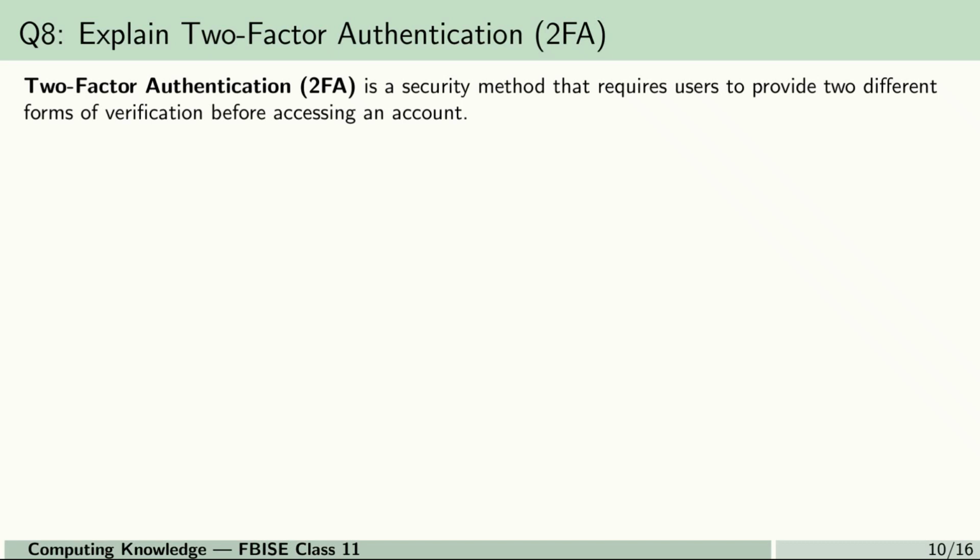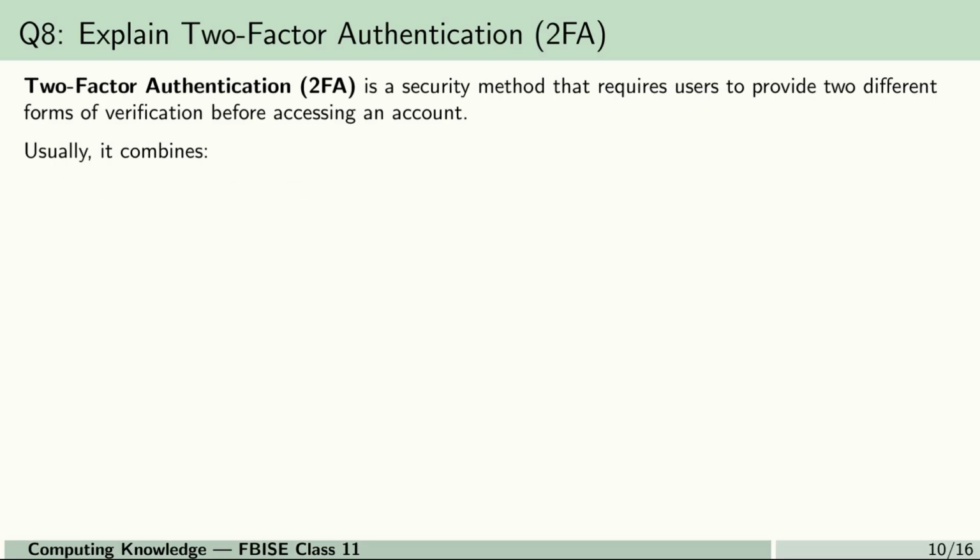Explain two-factor authentication, that is 2FA. Two-factor authentication, 2FA, is a security method that requires users to provide two different forms of verification before accessing an account.